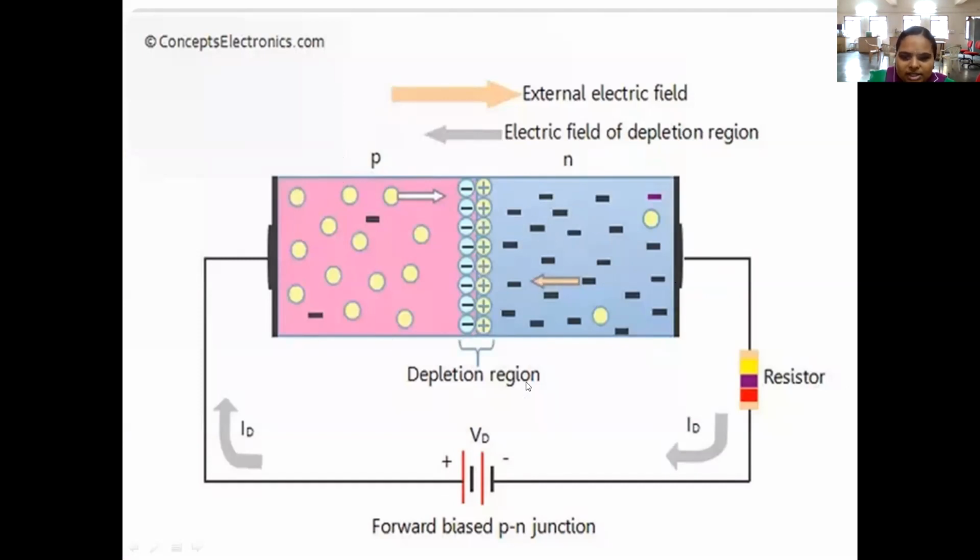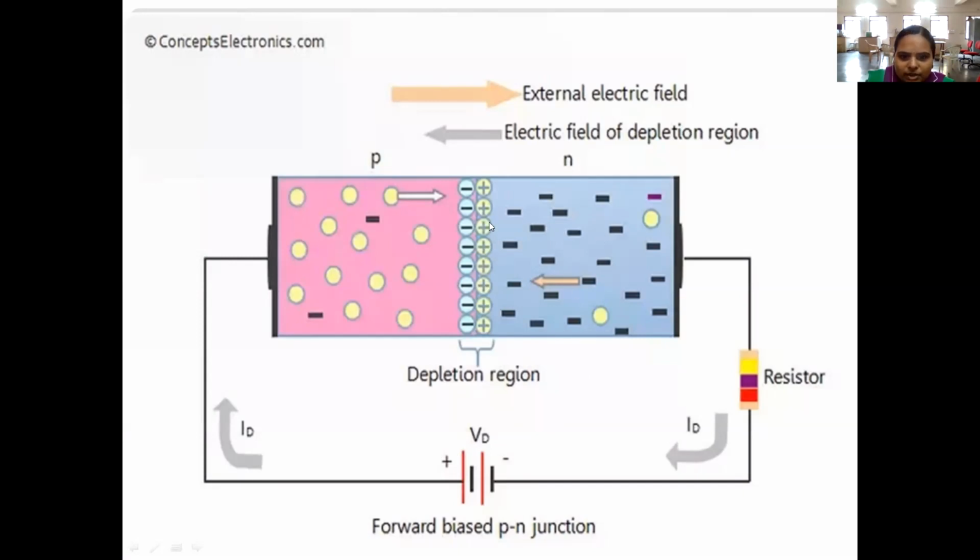If I connect P to the negative terminal of the battery and N to the positive terminal, then it is in reverse bias. When forward biased, current flows. When reverse biased, no current flows through the PN junction. You learned these basics in your previous classes.